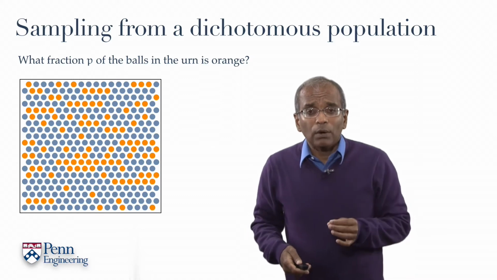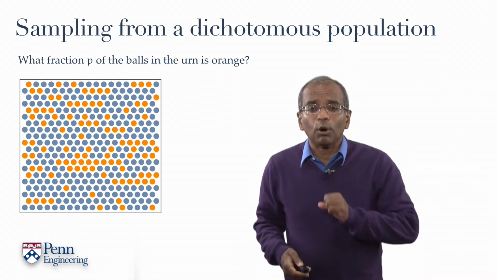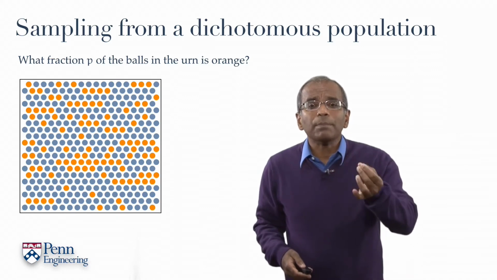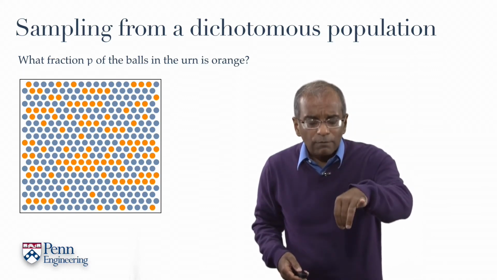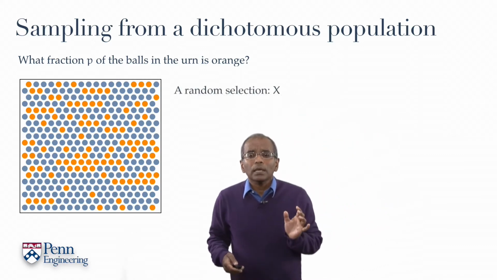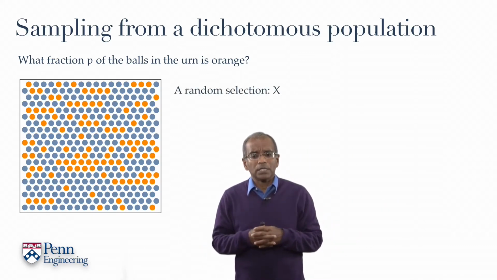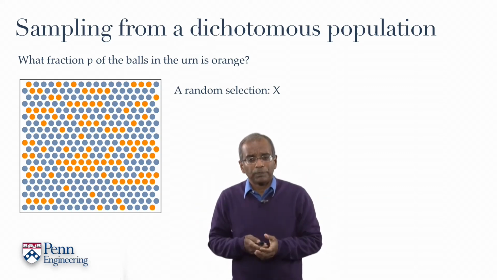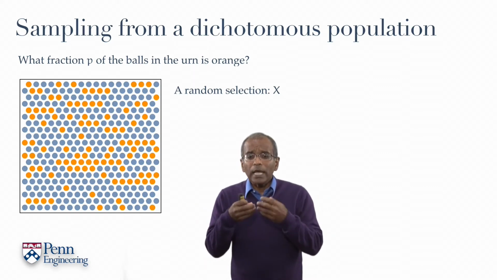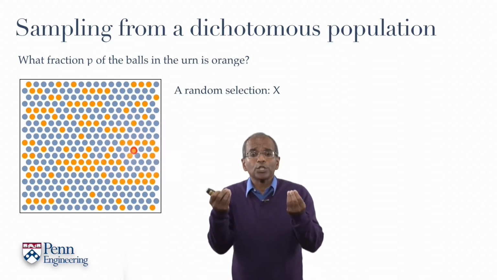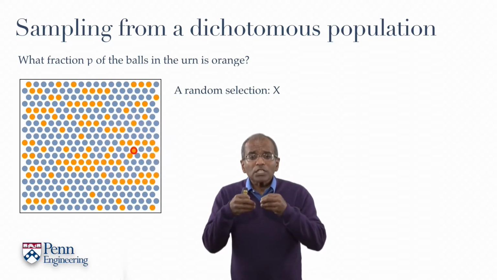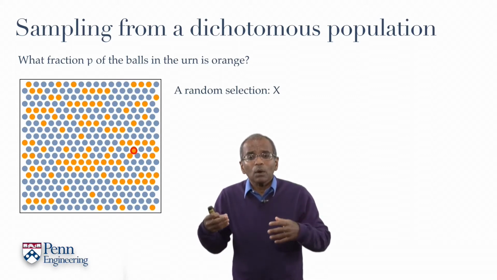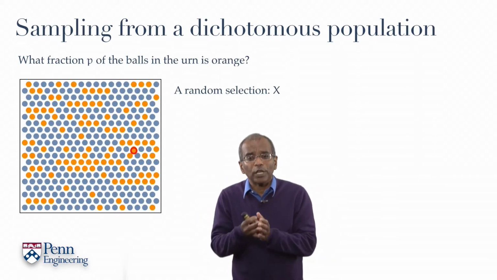It is natural now, if we can't count everybody in the population, to query what happens if we sample randomly from the population. So let's consider what happens if we take a random selection X from the population I've given you. Now, the element could be an orange ball. What are the chances one draws an orange ball if one selects at random from the whole population?